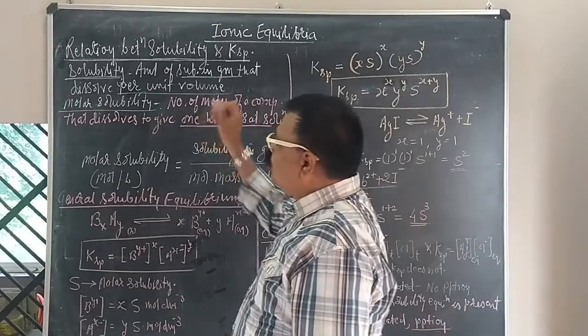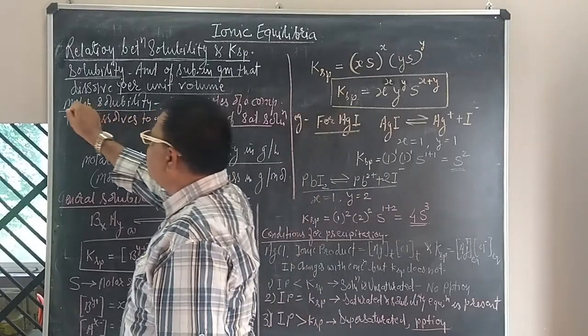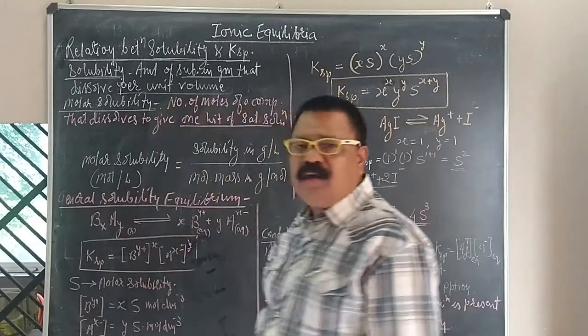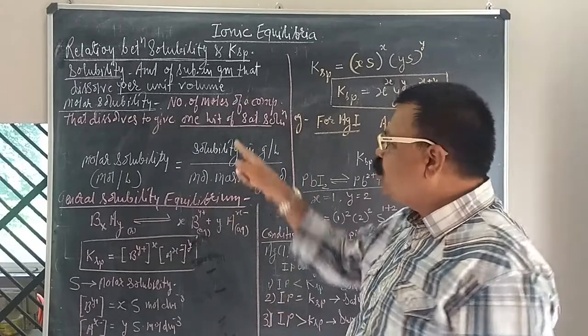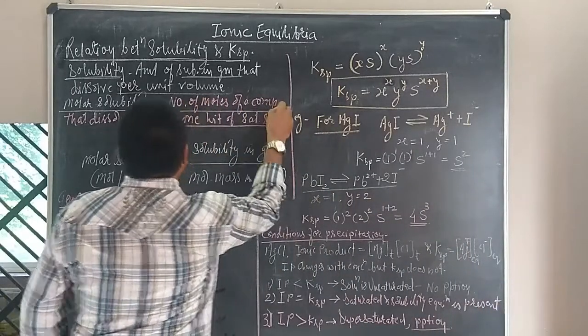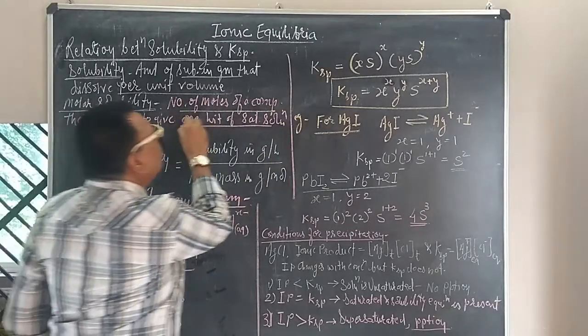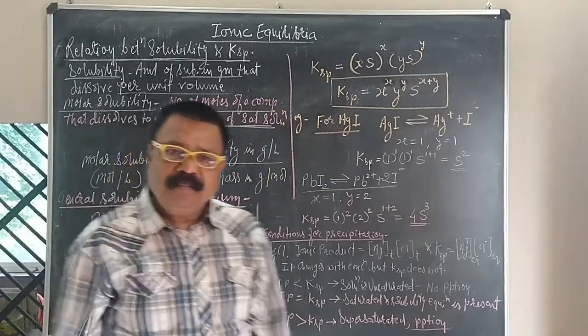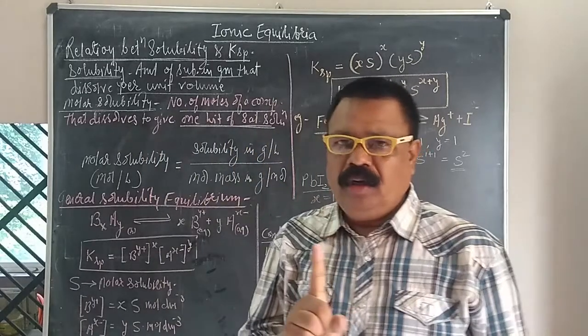Now once we know the solubility, another term that is there is the molar solubility. Now what is the molar solubility? It is the number of moles of the compound that dissolves to give 1 liter of the saturated solution. देखिए यहाँ पे बहुत important.